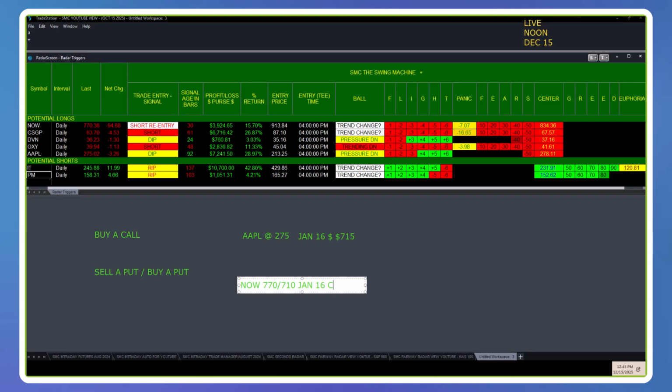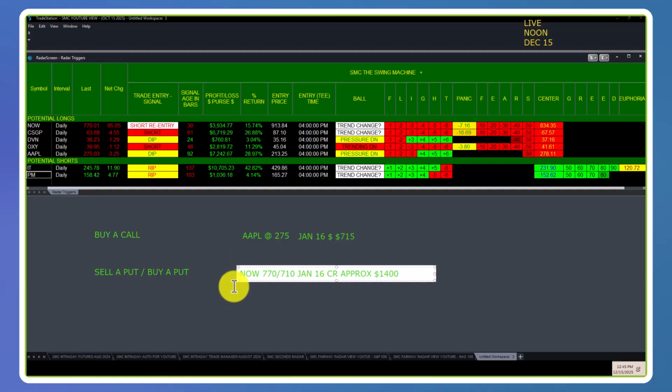And the credit is approximately 1400. Now, it's thinly traded, so I would have to give this, and I will, to Susie, and she'll try to get us the best price.